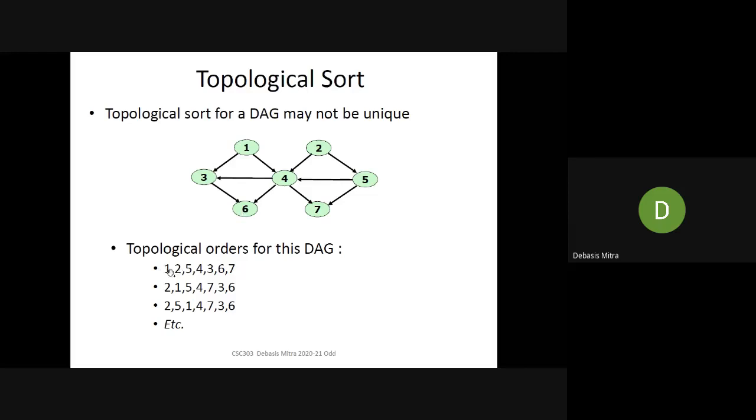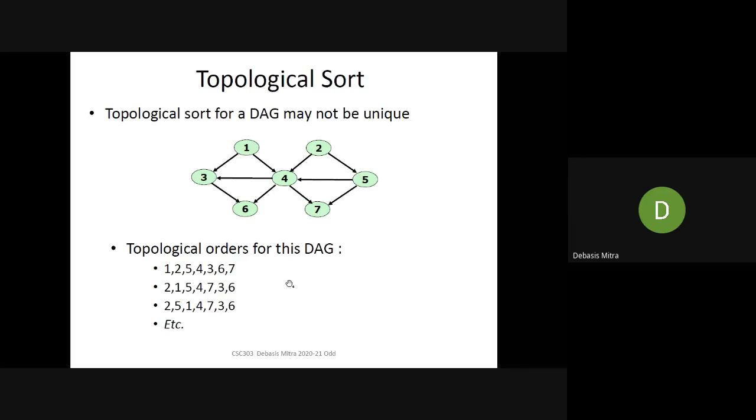Though they are appearing like a sequence, there may be some particular nodes whose order may be changed among themselves. Like these three nodes 7, 3, 6, they may appear as 3, 6, 7 or 7, 3, 6 in any way, because they don't have any dependencies among them, and that makes this topological order non-unique. Understood?